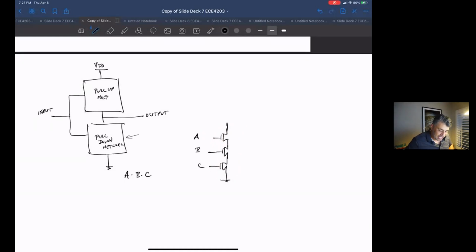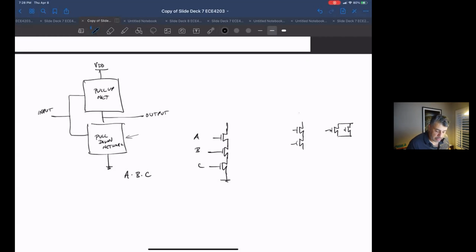Okay, and then the pull-up network is going to be the complement of the pull-down network. So if the pull-down network was in series, the pull-up network would be in parallel.